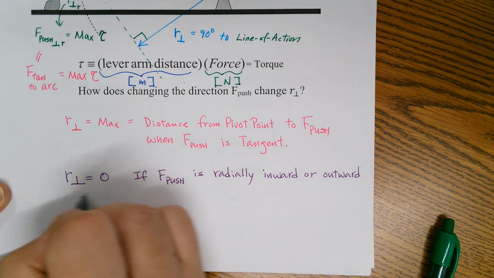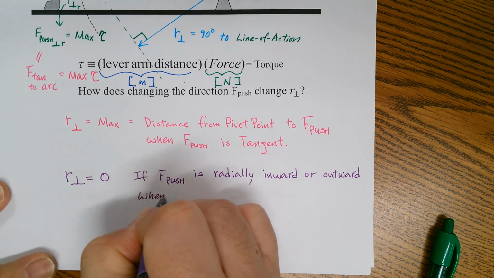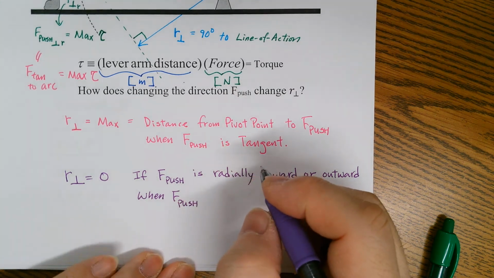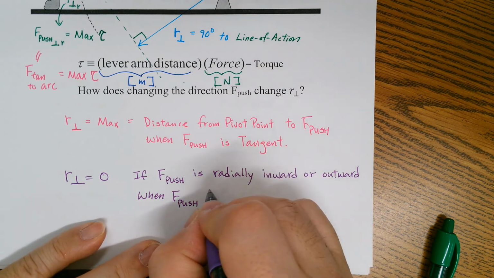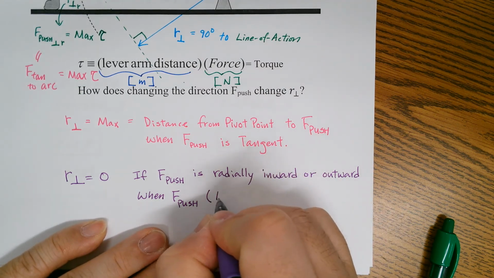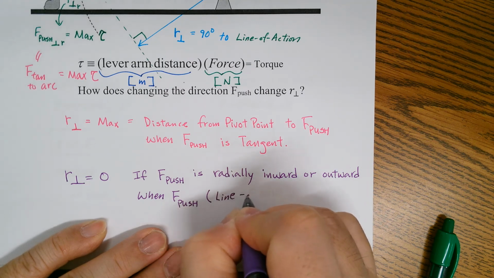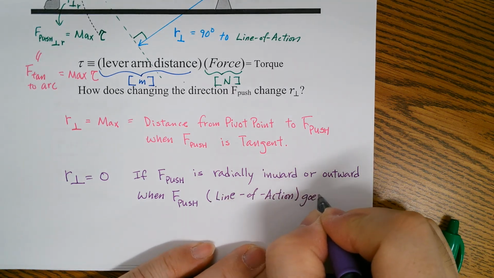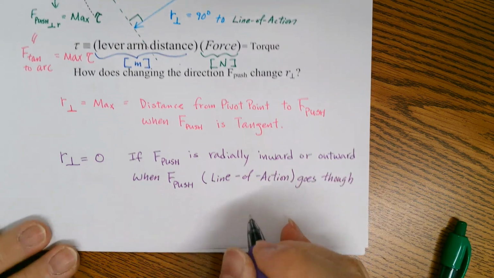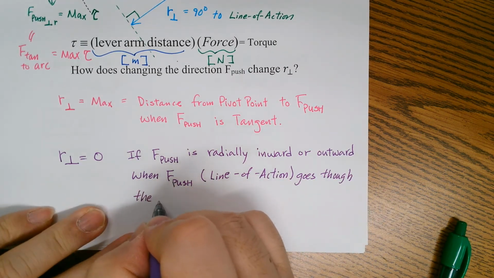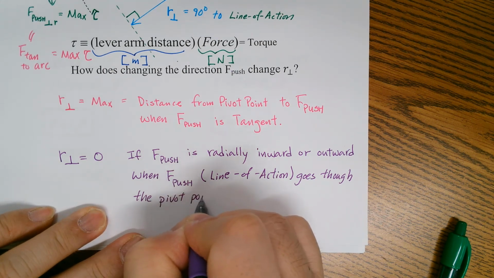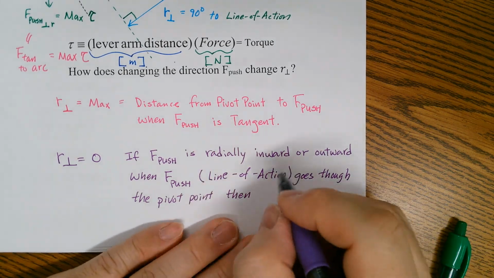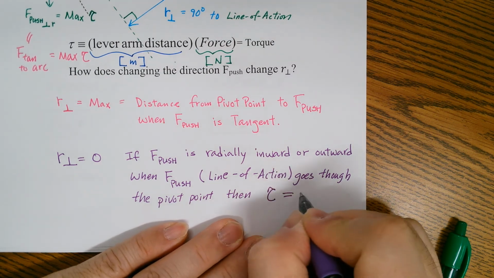So when F push, or the line of action, goes through the pivot point, okay, then torque is equal to zero.